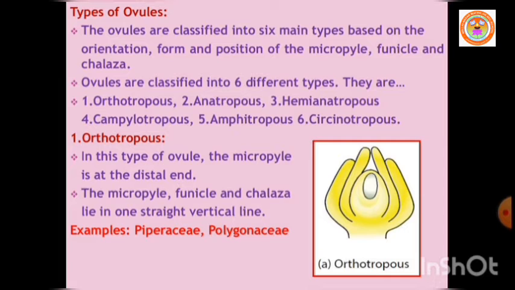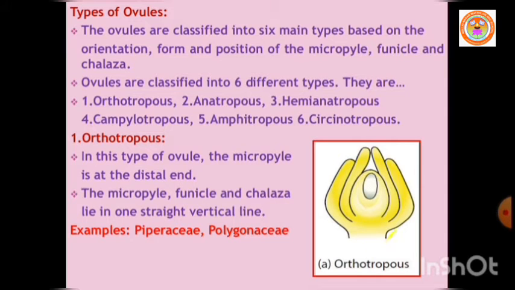See, in this type of ovule, dear students, micropyle is at one end, which is called the distal end. If you observe in this orthotropous ovule, this is the micropyle, funicle and chalaza.